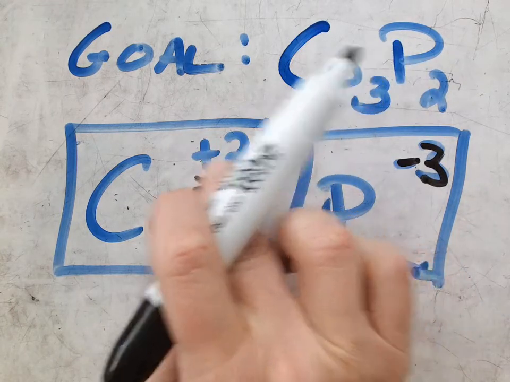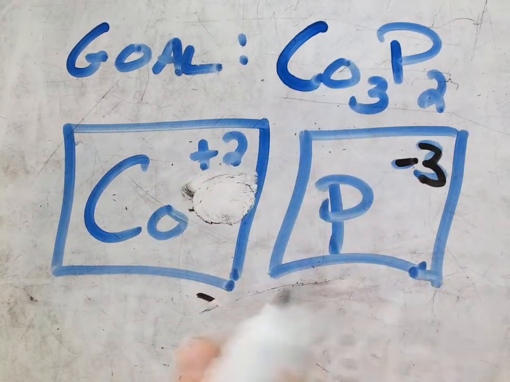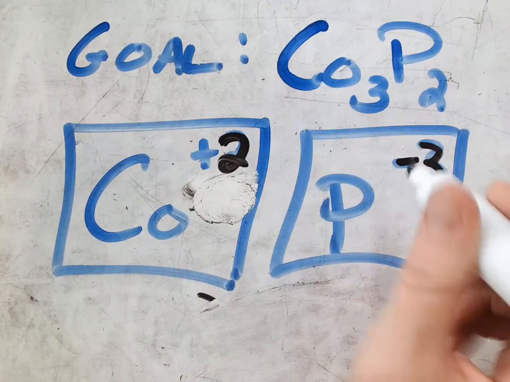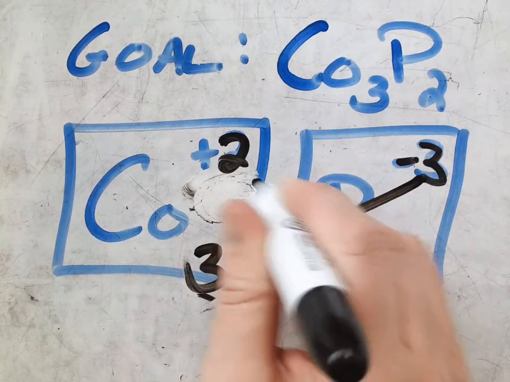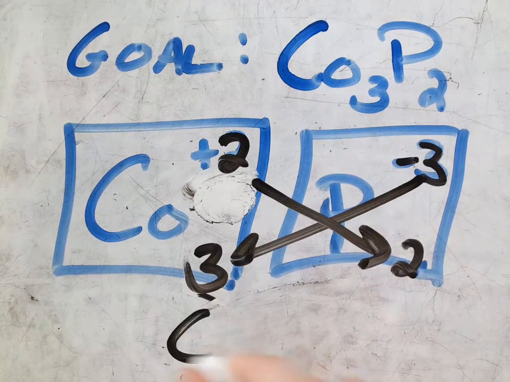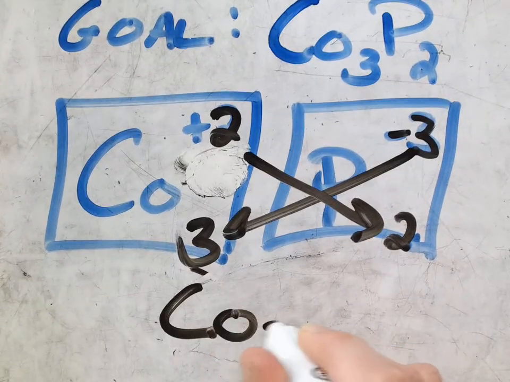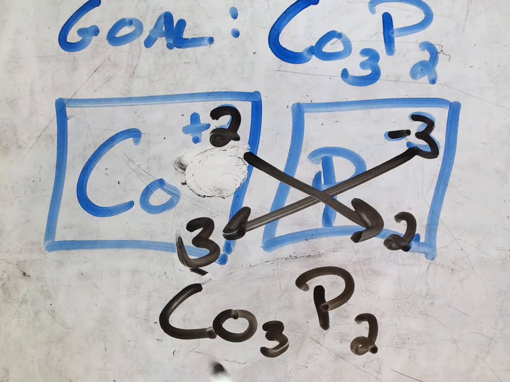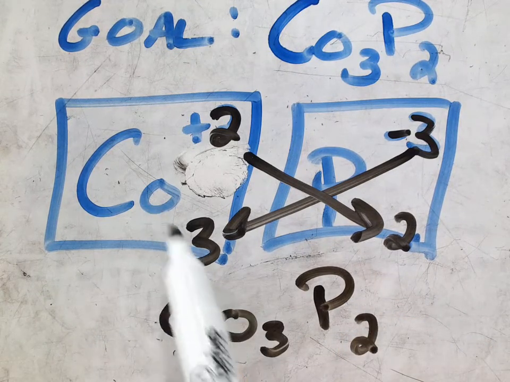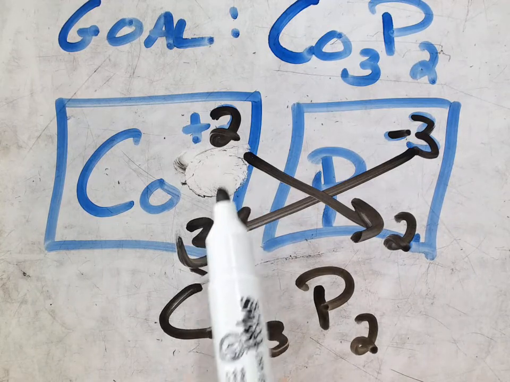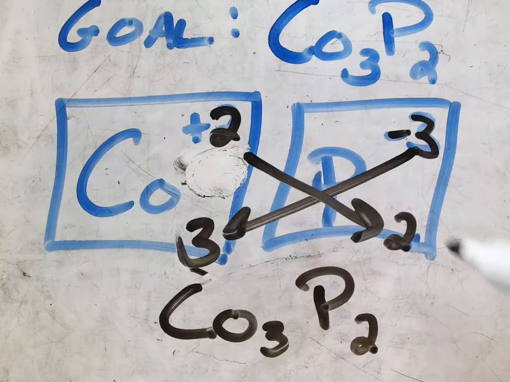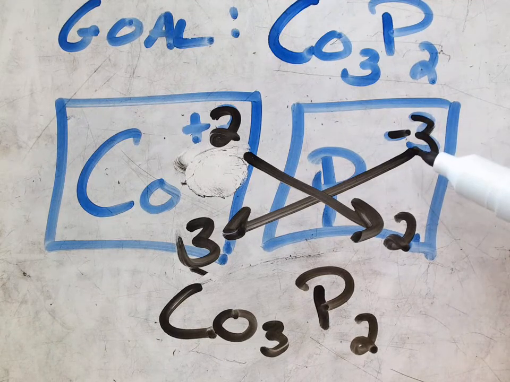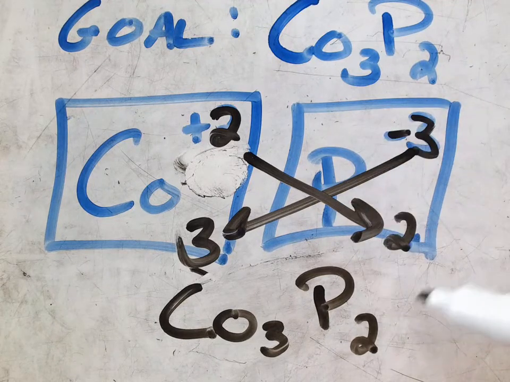And I look at this and I say, okay, if the cobalt 2 was used, then these charges would cross down, because then I'd have 3 positive ions that are each +2 for a total positive charge of +6, and I'd have 2 anions that are each -3 for a total negative charge of -6.